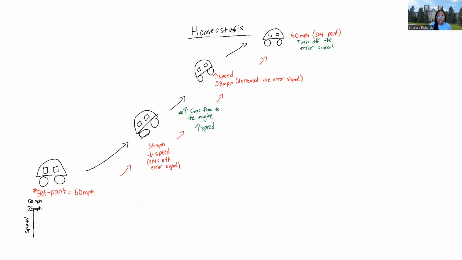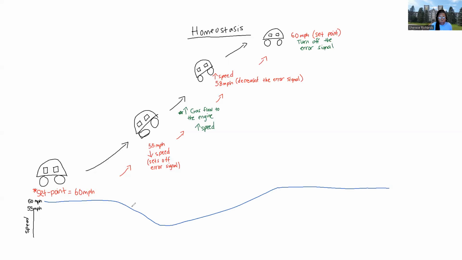Let's try this again. Okay, so we start off at 60, drop down to about 55, and then we eventually get back up to 60. All right, and so where we want to be here is 60.